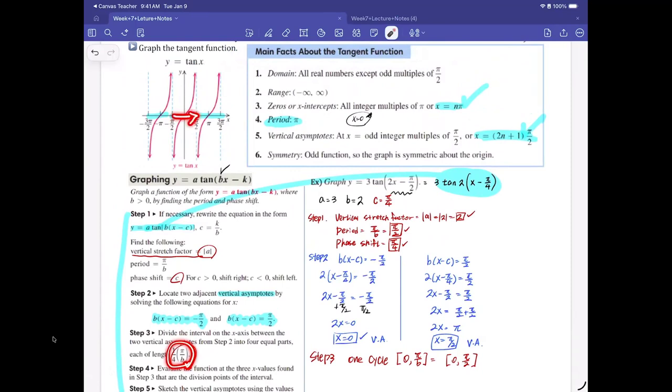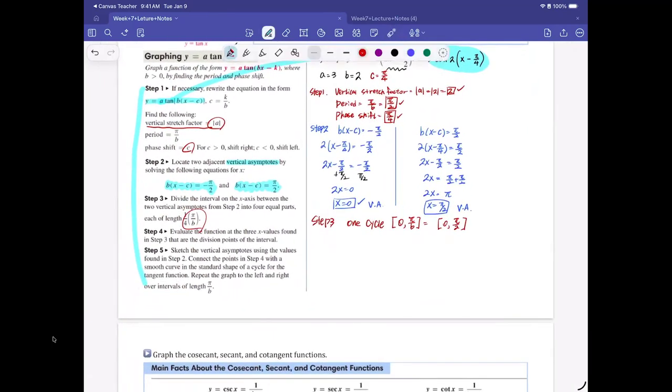Each portion between the two vertical asymptotes is what? 1 over 4 times pi over b. So that's why 1 over 4 times pi over 2, which is pi over 8.